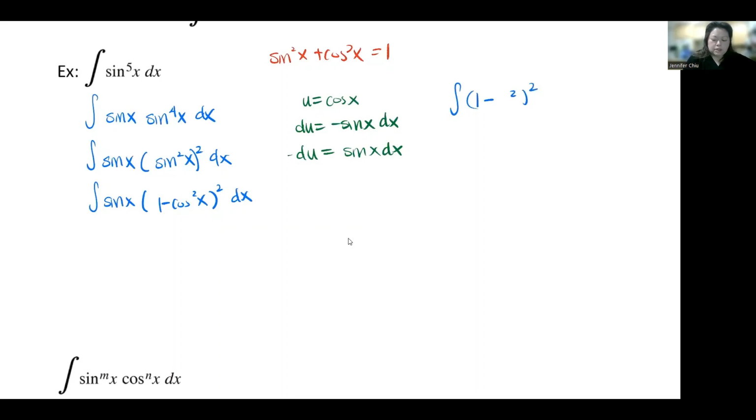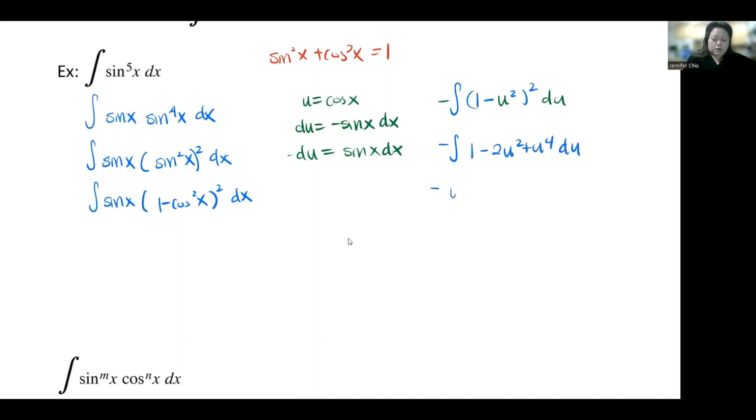So 1 minus cosine squared, so 1 minus u squared. And then the sine x dx gets replaced by negative du, okay? And then you need to expand this out so it's easier to take the antiderivative, because you don't have a single u on the outside, so you can't just take it directly. So if you multiply this out, you get 1 minus 2u squared plus u to the fourth du, and now you can take the antiderivative.